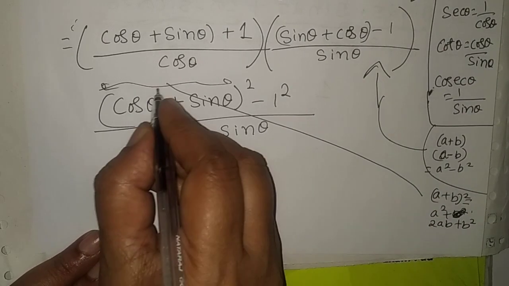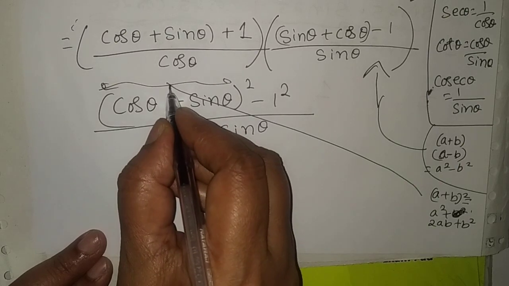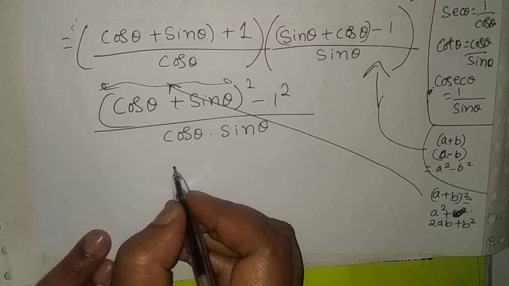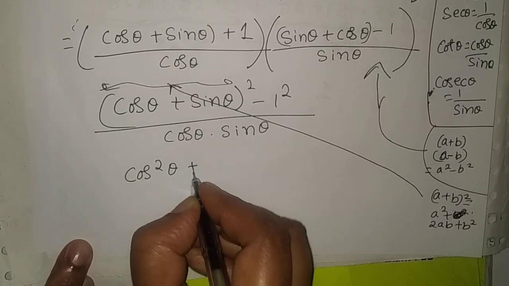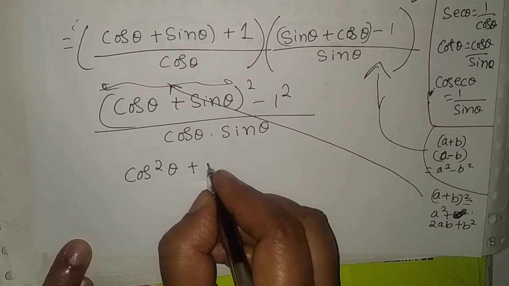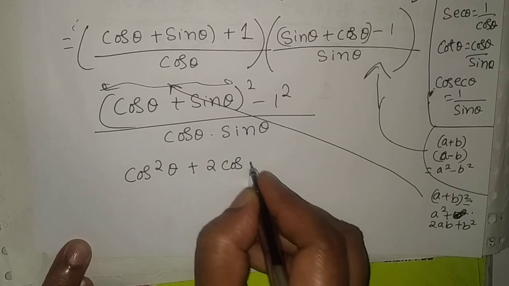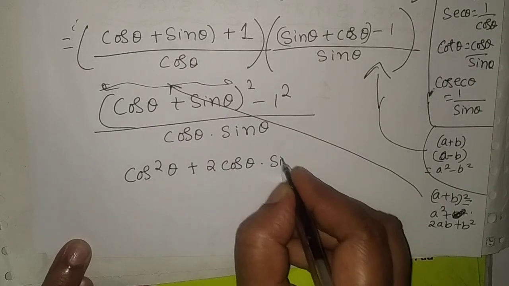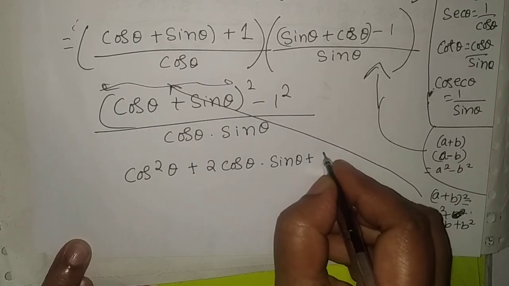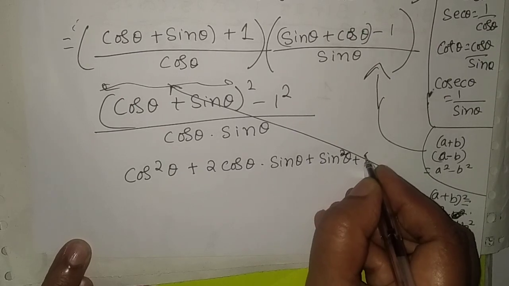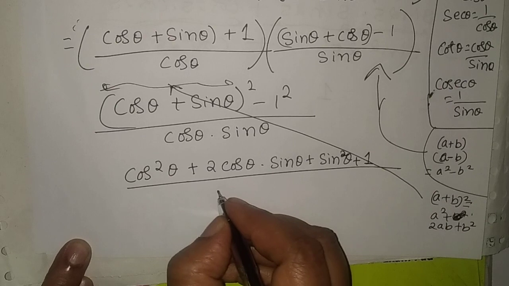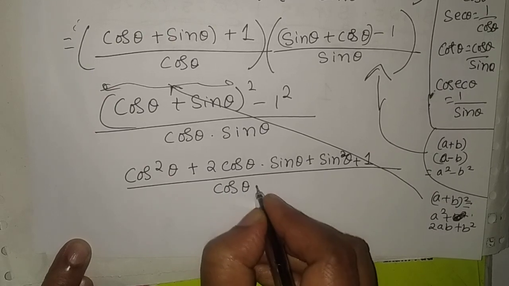What happens now? Cos square theta plus 2 cos theta sin theta plus sin square theta minus 1, divided by cos theta into sin theta.